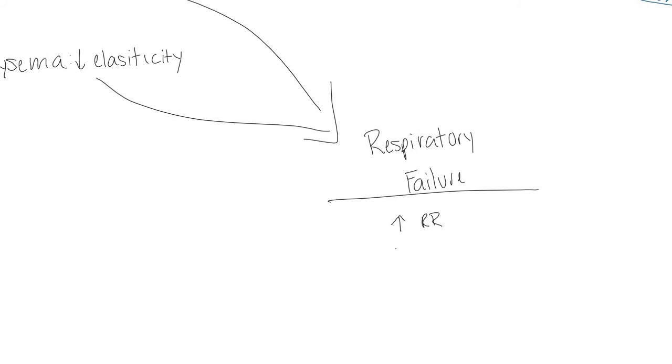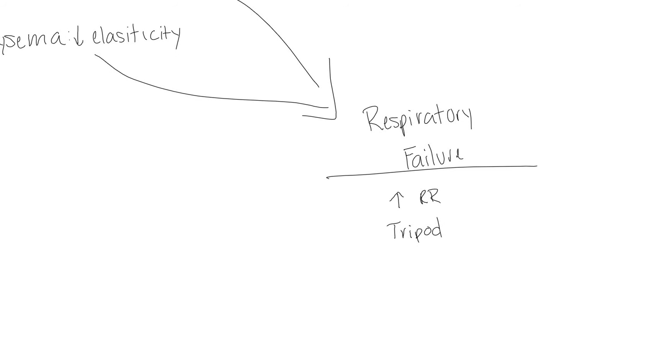You're going to see a patient in a tripod position. So their hands are going to be on their knees, and they're going to be bending over just trying to catch a breath. They're going to have sternal retractions and intercostal retractions, as well as crackles when you auscultate, just because of that backup of fluid and excess mucus and things like that.